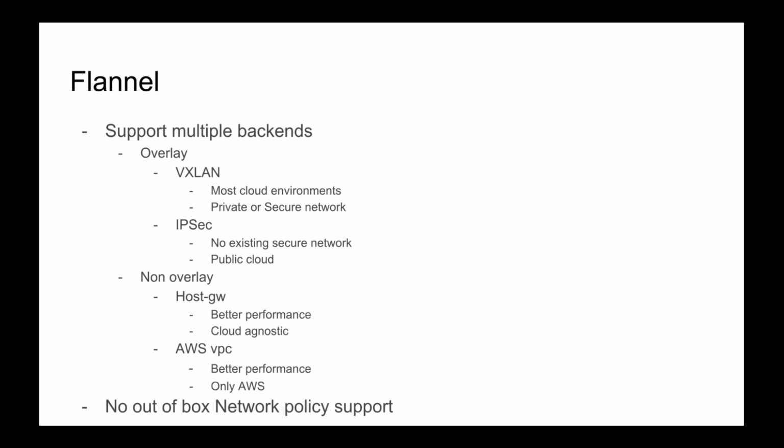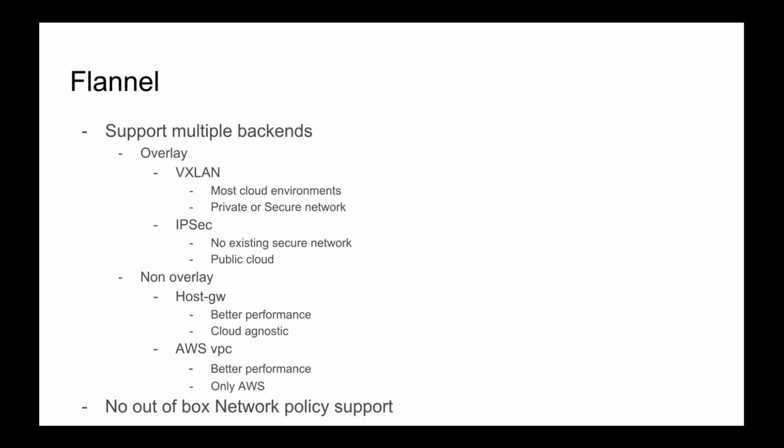The advantage is that you don't have to worry about how your underlying network works. It works on most of the cloud providers, and it's easy to set up. The only downside of overlay options is there is a little bit of overhead in terms of network usage. There are a certain number of bytes that are needed for overlay networking to happen.